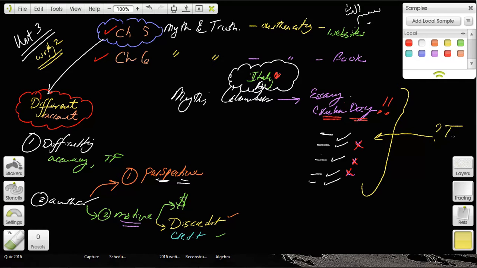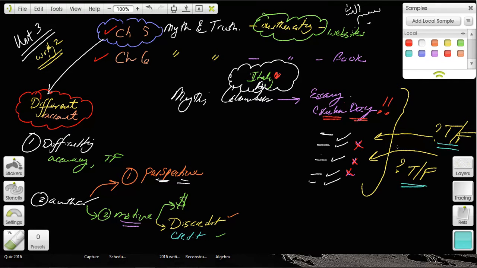Is this true or is this false? How would you discredit or credit the information? How do you determine the authenticity of what they have written, which is the subject of this chapter? How do you determine whether all of this is true or false? And if it's false, how do you prove it to be so?